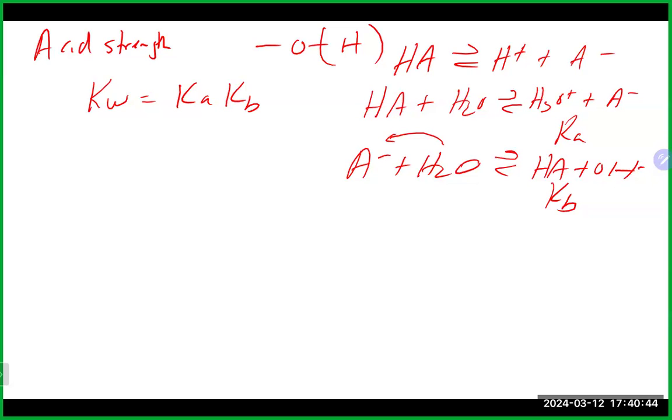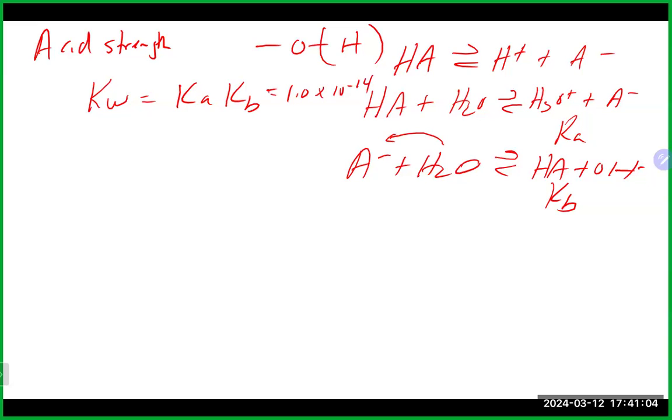Now, as we talked about, sometimes you may be given the wrong K value. You may need a Ka when you are given a Kb and vice versa. You use Kw, which is still that 1 times 10 to the minus 14 value, to convert between them.